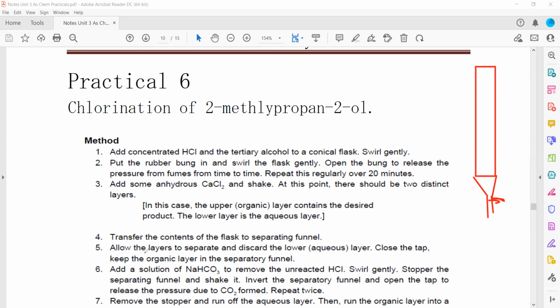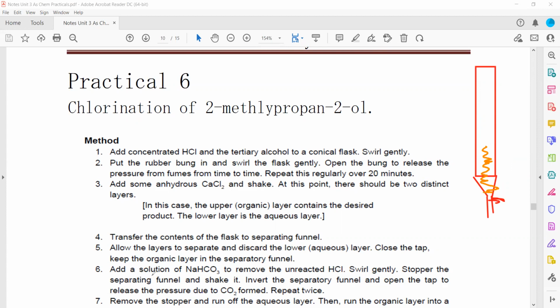Then we allow the layers to separate, and there will be two layers. One will be the aqueous layer at the bottom, which has higher density, and the top layer is the organic layer, because of low density. So we open the tap and remove the aqueous layer, until we have only the organic layer.